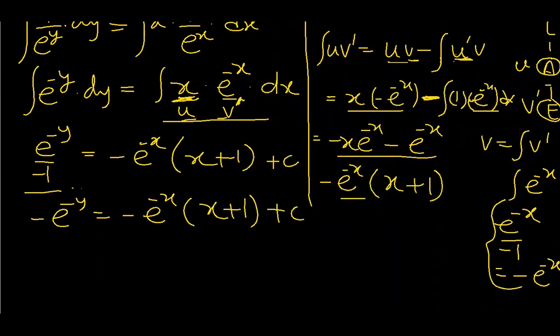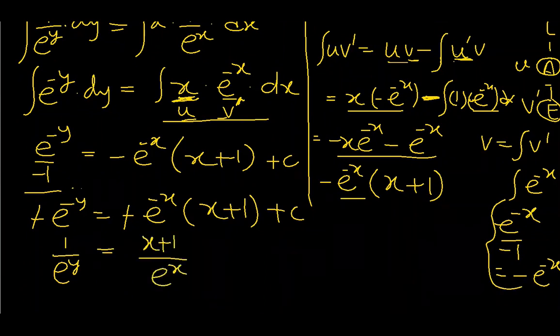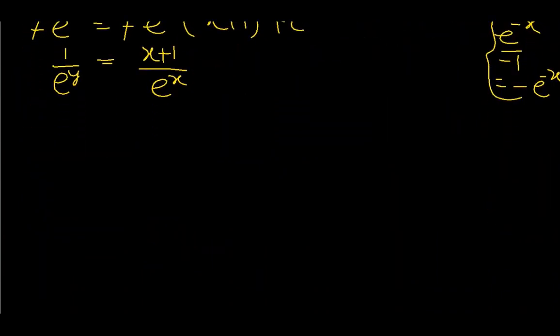All right, so negative and negative we can cancel out and we can write it as a denominator so that the exponent becomes positive. So x plus 1 divided by e to the power x. This also becomes positive when it becomes a denominator. So now, reciprocate both sides: e to the power y equal to e to the power x over x plus 1.